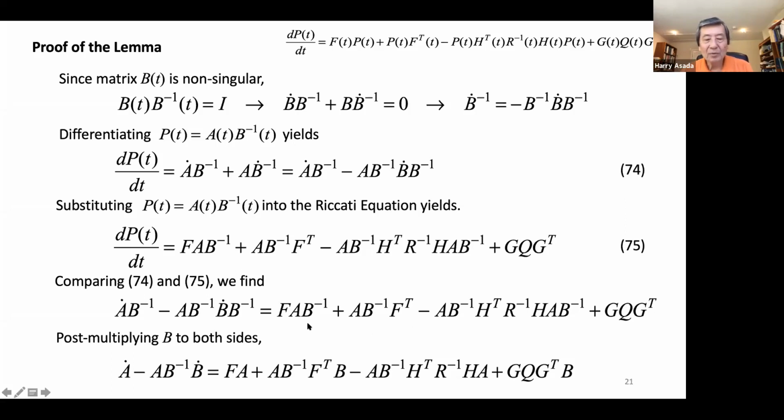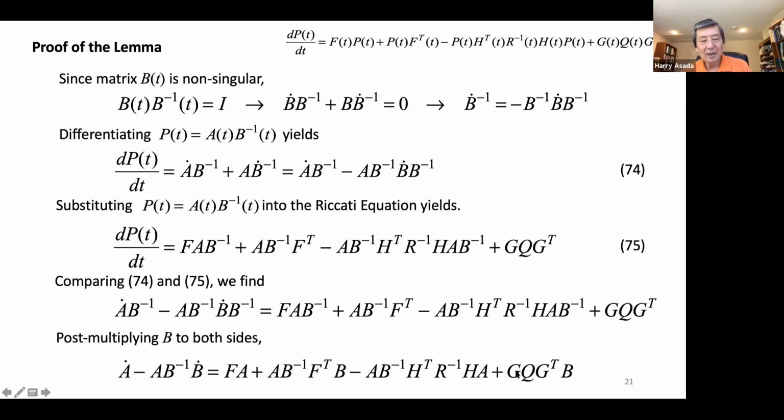Looking at the right-hand side, well, first we post-multiply by B on both sides. So this one goes out, just A dot, and then this one goes out, something times B dot equals going out, and then we put this one here and as such.